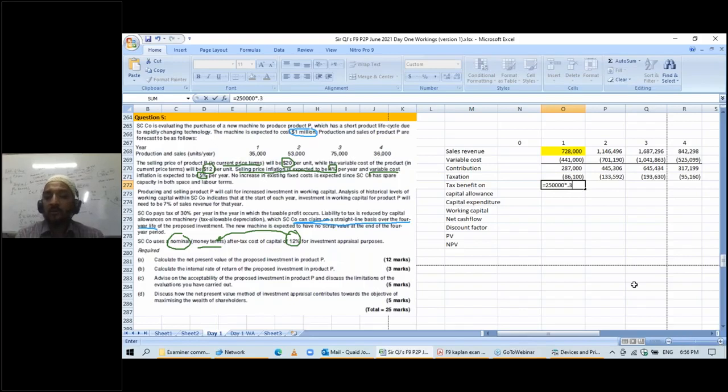30% tax. You can show the working like this: 1 million divided by 4 and then multiplied by 0.3.